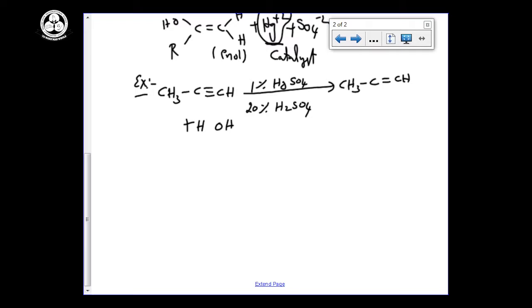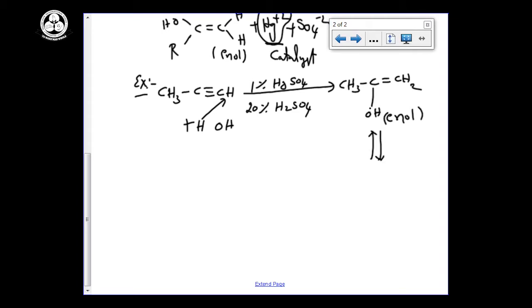Where do you want to add H and where do you want to add OH? As per Markovnikov rule, hydrogen will be attached to the multiple bonded carbon atom having more number of hydrogens. Then automatically OH will be attached here. So this is called the enol form. Enol form is highly unstable.